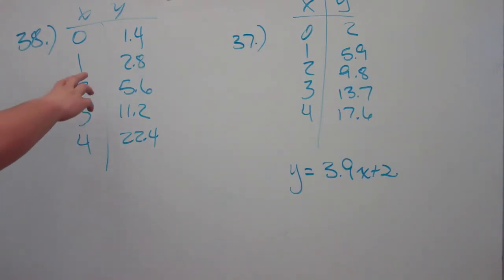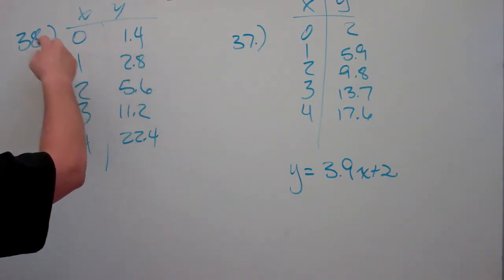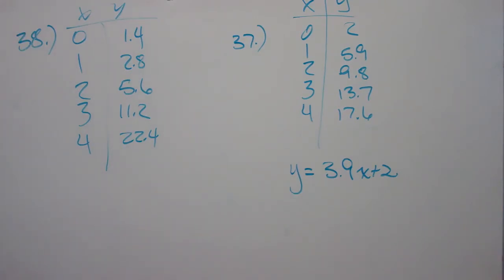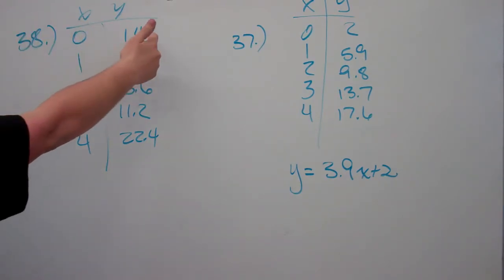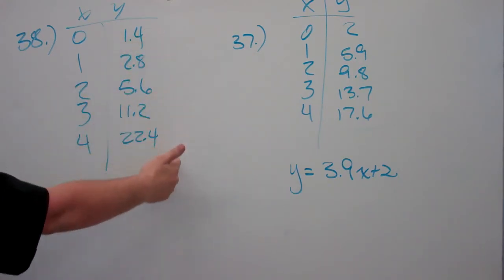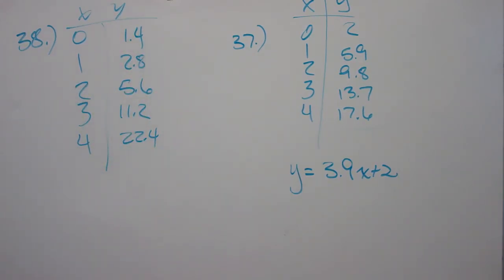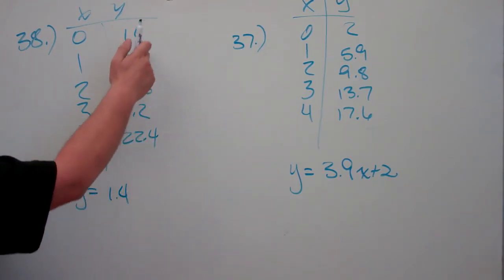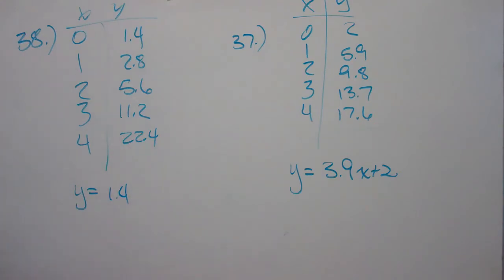It looks like it's just y equals something plus 1.4, but that's actually not the case. We need to take that 1.4 into account. So what's going to give us the multiplying by 2 each time that we need?